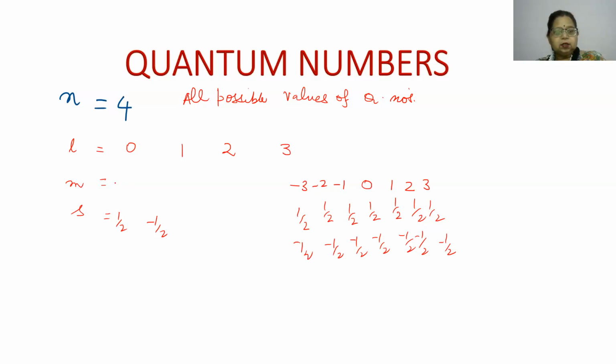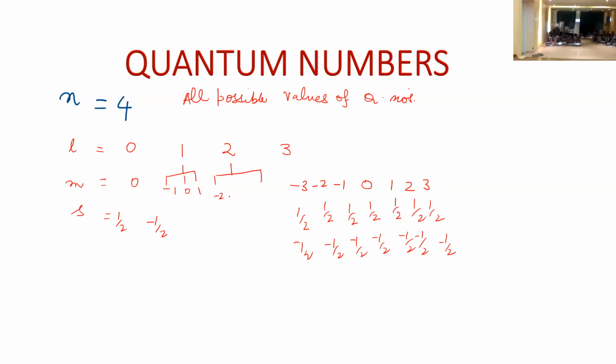So what is the magnetic quantum number for L is equal to 0? 0. Okay. For 1, it will be? Minus 1, 0, 1. Okay. For 2, it will be? Minus 2, minus 1, 0, 1, 2.